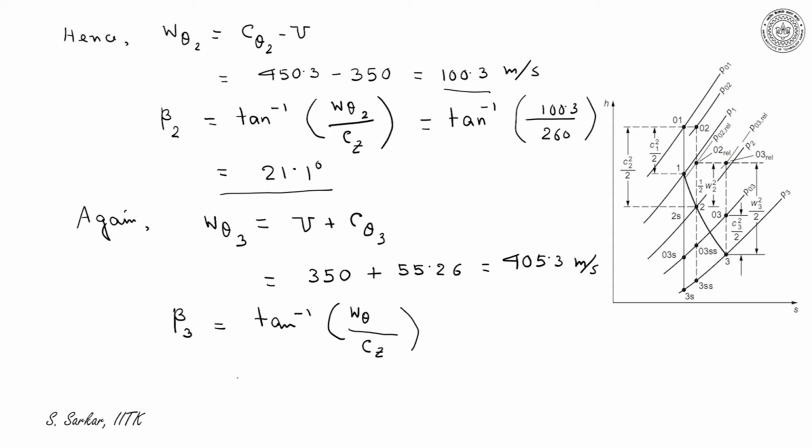What is the value of W theta 3? That is 405.3.